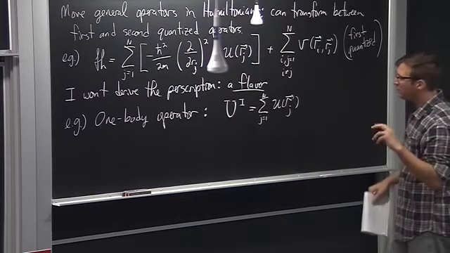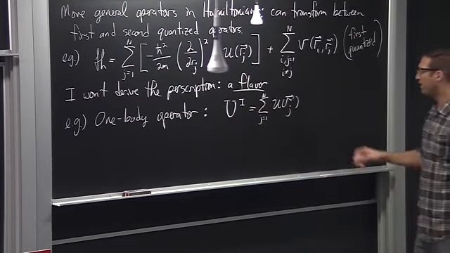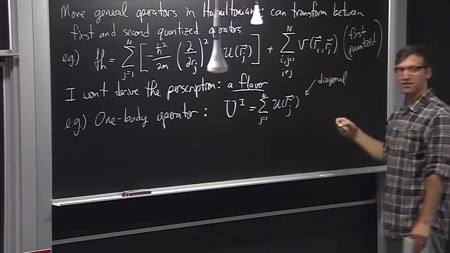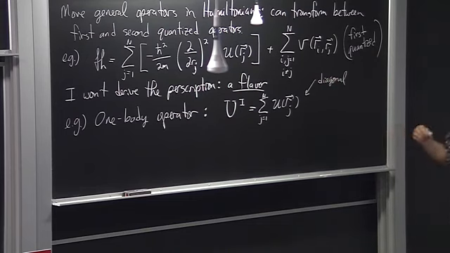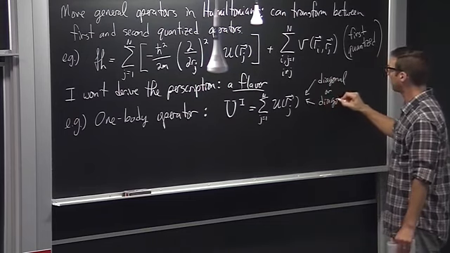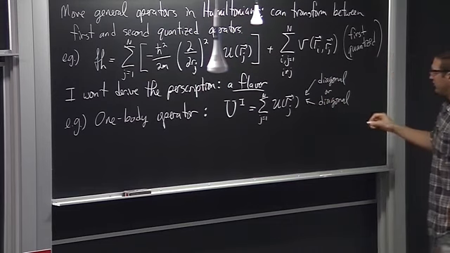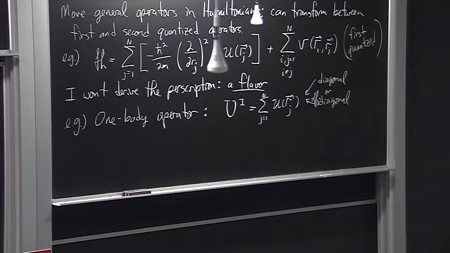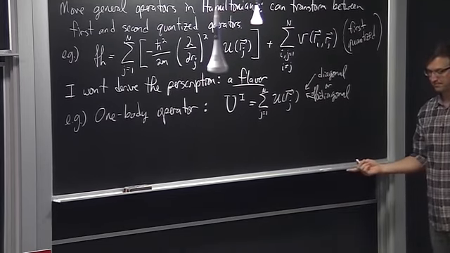You can have different types of one-body operator. They could be diagonal or off-diagonal. Like in the transverse field Ising model, the transverse field is off-diagonal. The form of the second quantized operator depends on whether you're diagonal or off-diagonal.